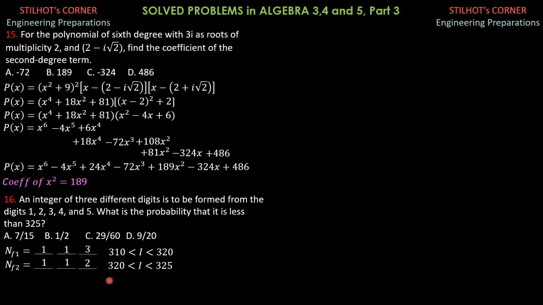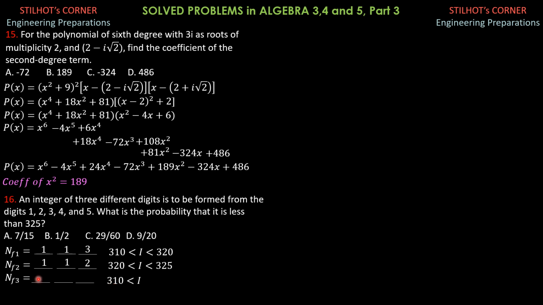Then if it is less than 300 or 310, so if it's less than 310, we can only assign the digits 1 and 2 here, no longer 3.